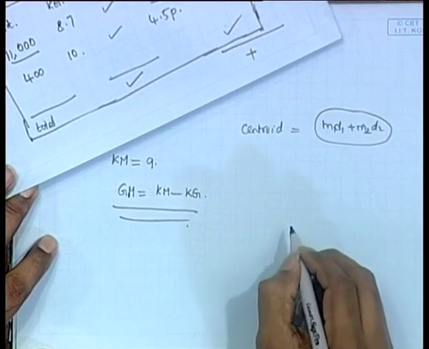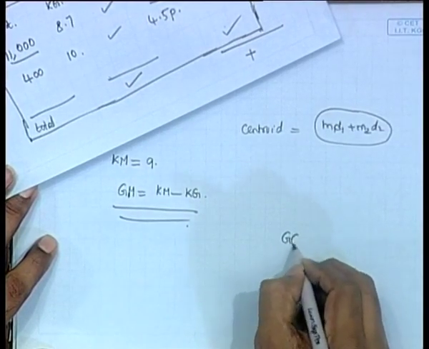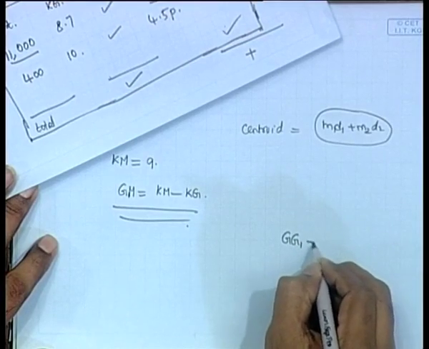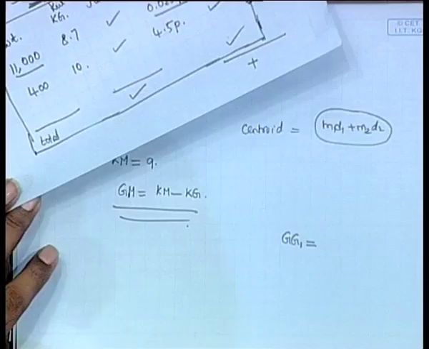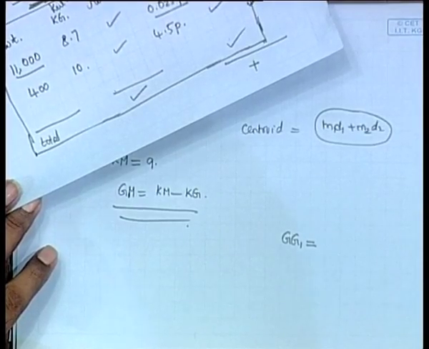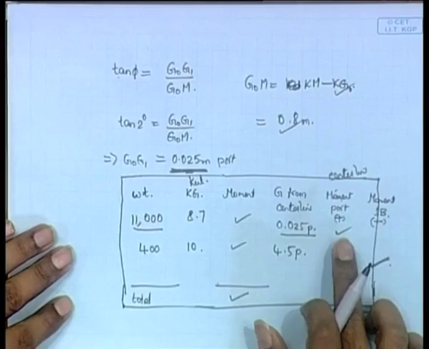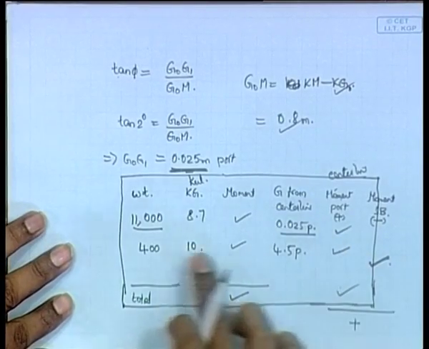Now you have to find what your GG1 is, which means what your net horizontal movement of G is. How will you get that? You have the net horizontal moment, you have the total weight.